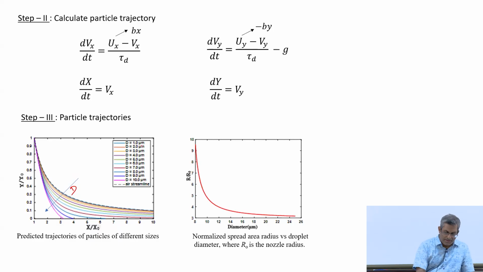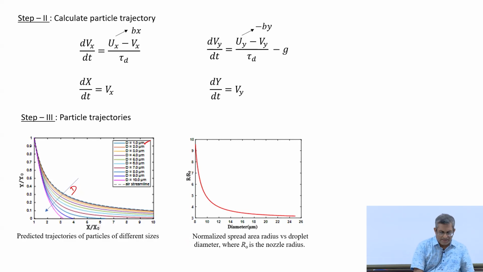For example, this 1 micron particle perfectly follows the streamline. This means that if you calculate the Stokes number of that 1 micron particle, it will be much smaller than 1. But as particle size increases, the particle trajectory deviates from the streamline of the carrier phase flow.